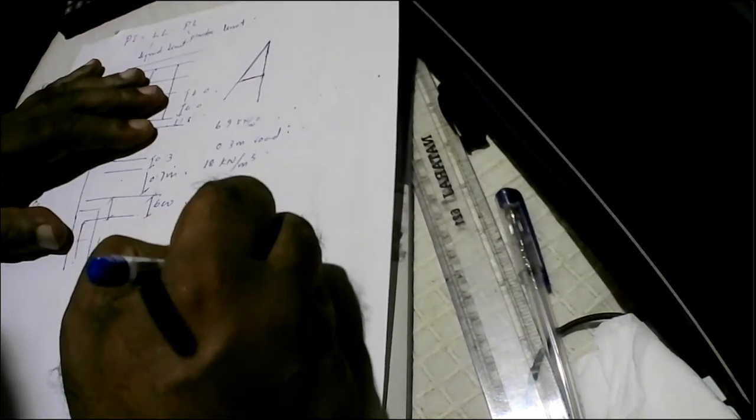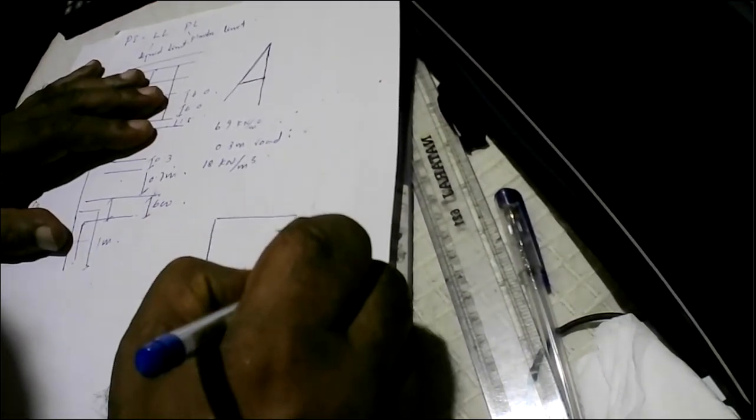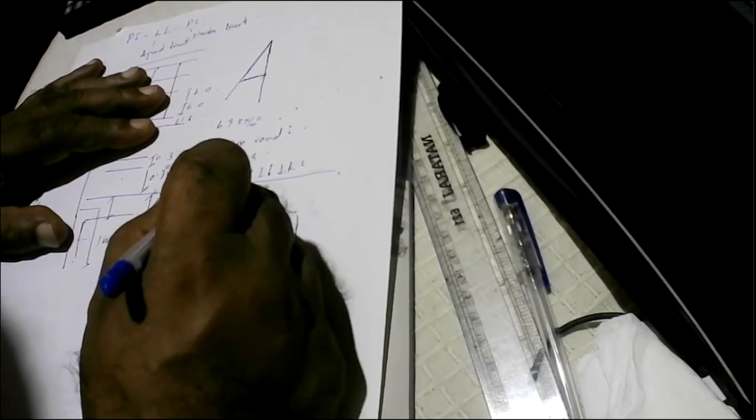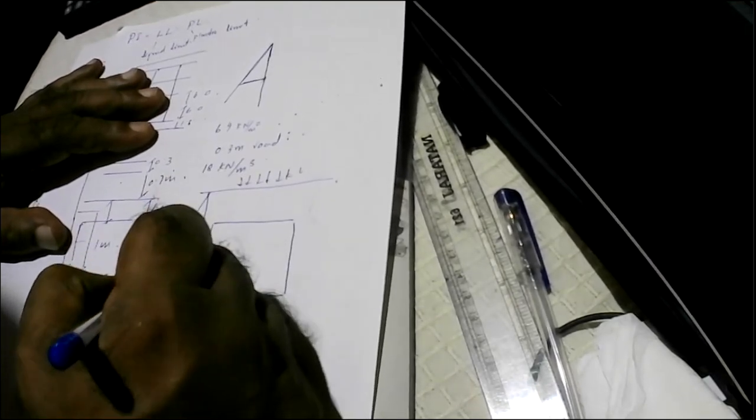Basically what happens is, when you have a box culvert like this, it is supported here by the soil, and then we get various live loads acting above, and we also get soil pressure acting on the box culvert.